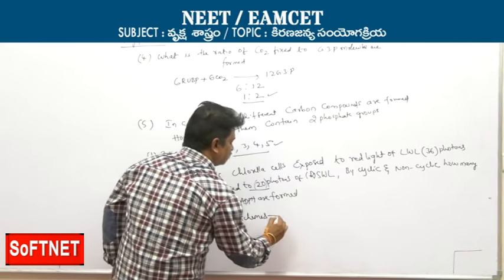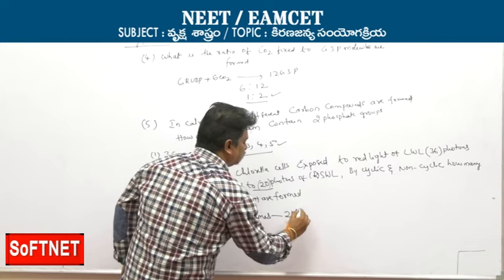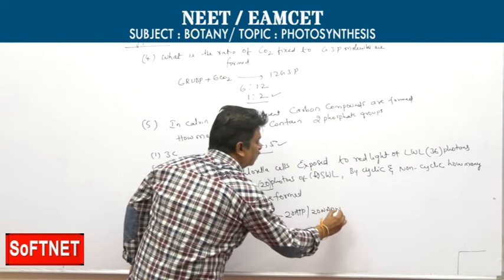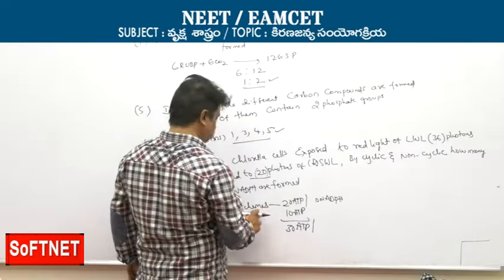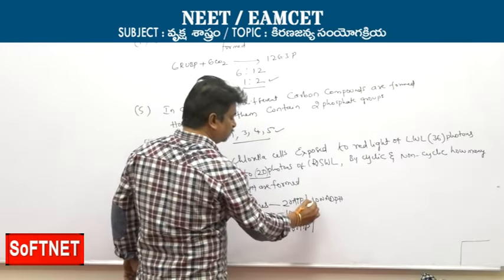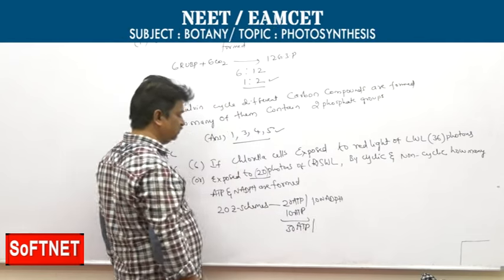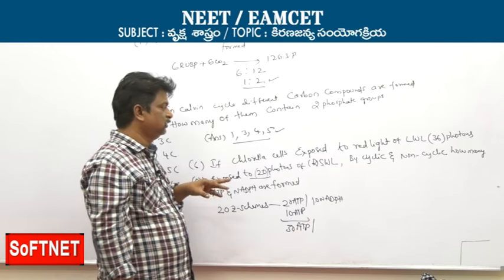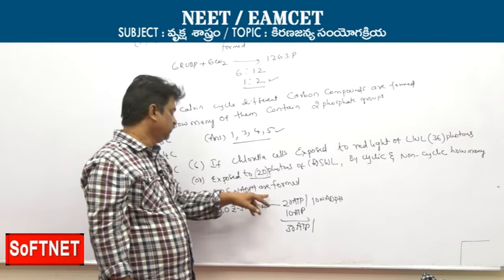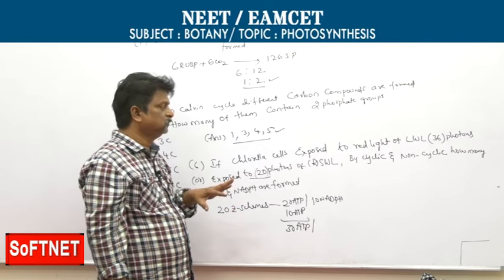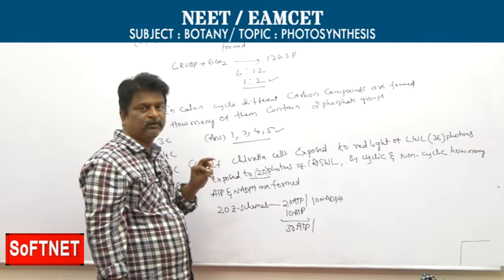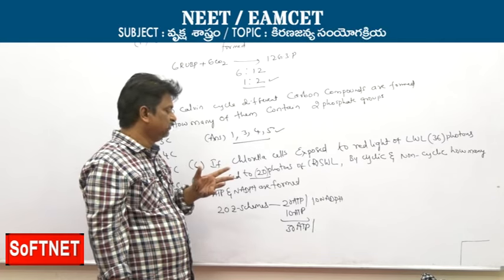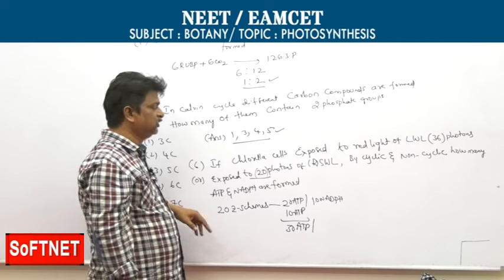These 20 Z schemes give 20 ATP and 10 NADPH. So, of that 36 photons of longer wavelength, 20 photons are used in Z scheme. So, how many photons of light are left? 16 photons of light.